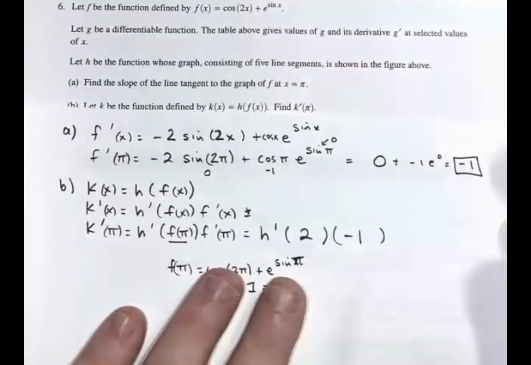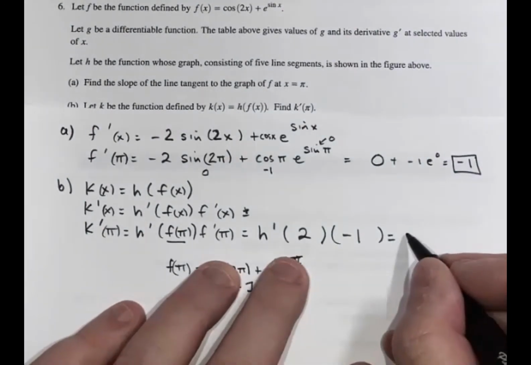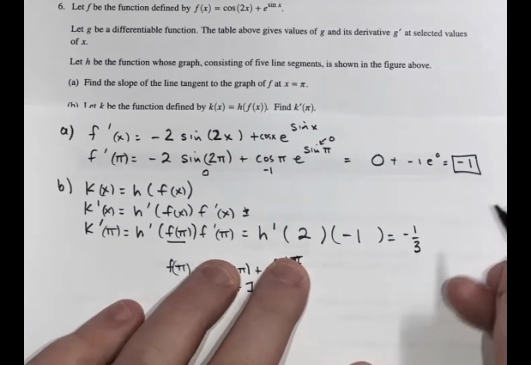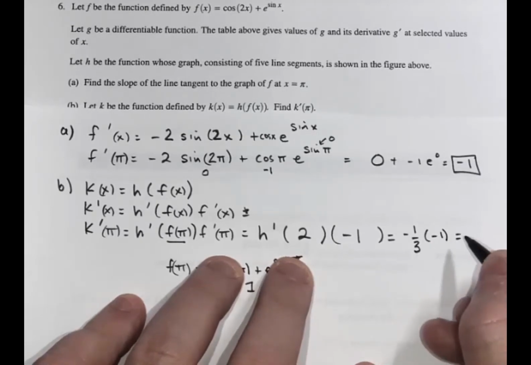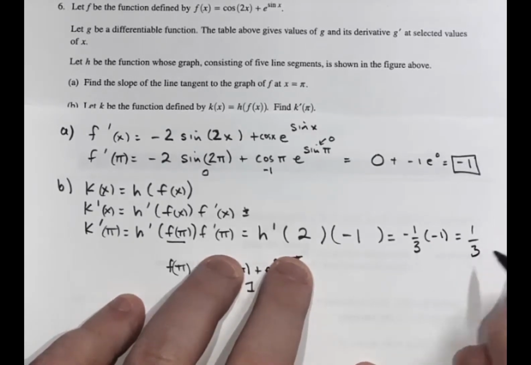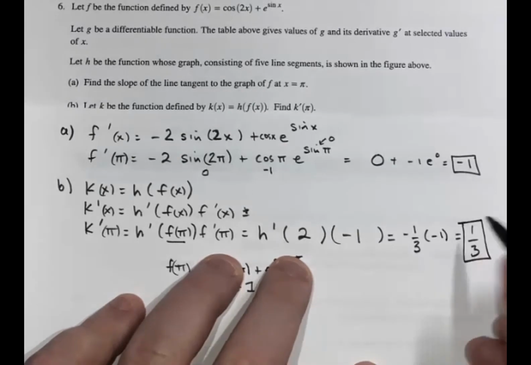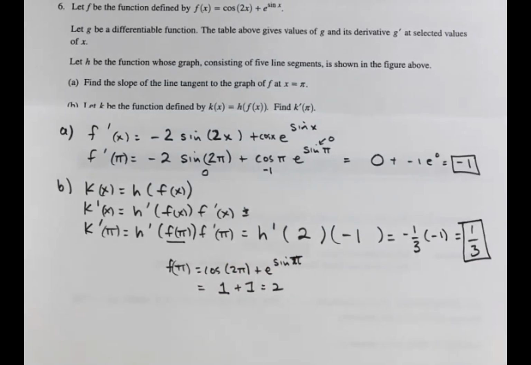So when I come back down to here, I'm going to say h prime of 2 is negative 1/3. That came from the graph, multiplied by negative 1, and so it appears that the final answer comes out to be 1/3, and that completes part B. See, I like these. These are like puzzles.